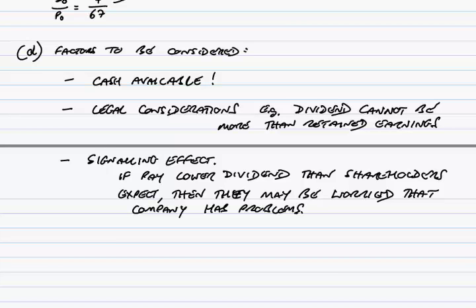Immediately, shareholders see low dividends. The first reaction will be, if dividends have gone down, the company must be struggling, which may not be the case, obviously. They may simply be retaining more to invest. And it may not be a problem, but it's something they have to consider.